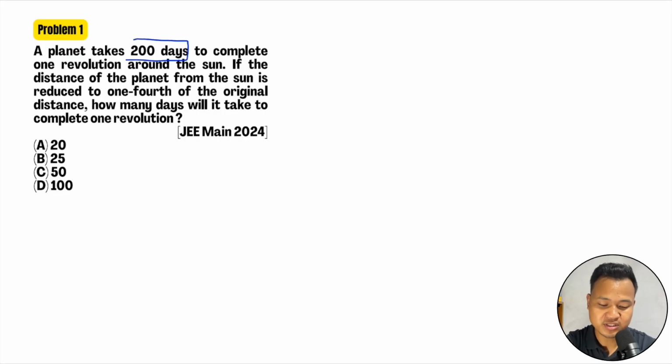A planet takes 200 days, that is the time period of the planet, to complete one revolution around the sun.